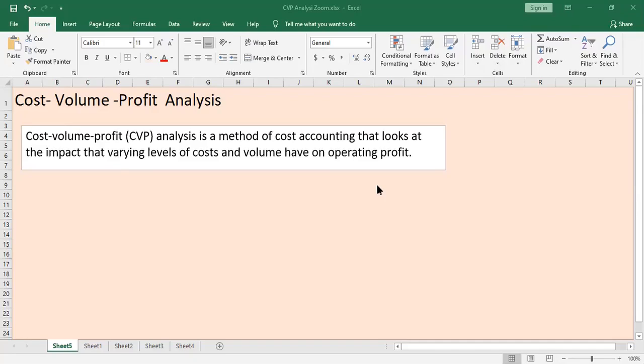And there are no technological changes during the time period that we are assuming. Those are some of the assumptions we base this type of analysis on. Therefore we need to remember that this exercise is only valid for short-term decision making, right? So that is cost, volume, and profit analysis.